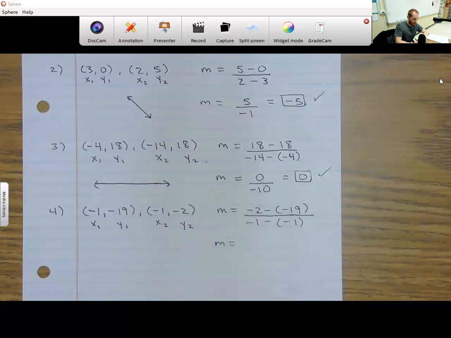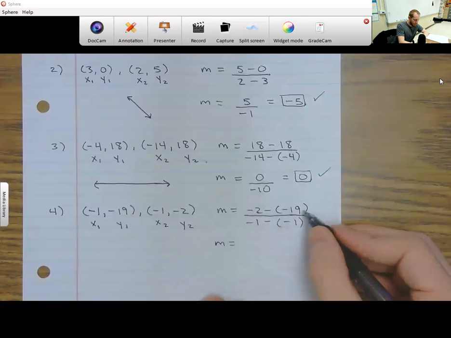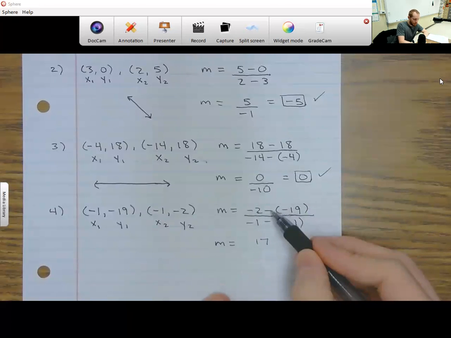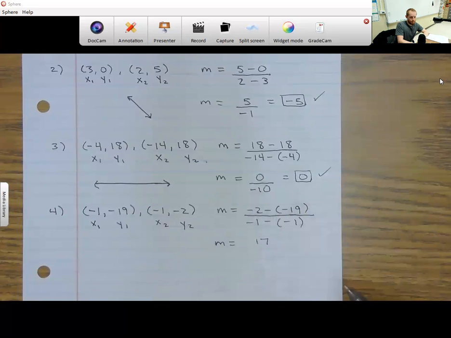Now I can work on the top, then the bottom, and then I'll divide them both. So what's negative 2 minus negative 19? That's actually going to be positive 17, because that minus minus is going to change into a plus, right? So 17 is going to be on top. But what's going to be at the bottom?